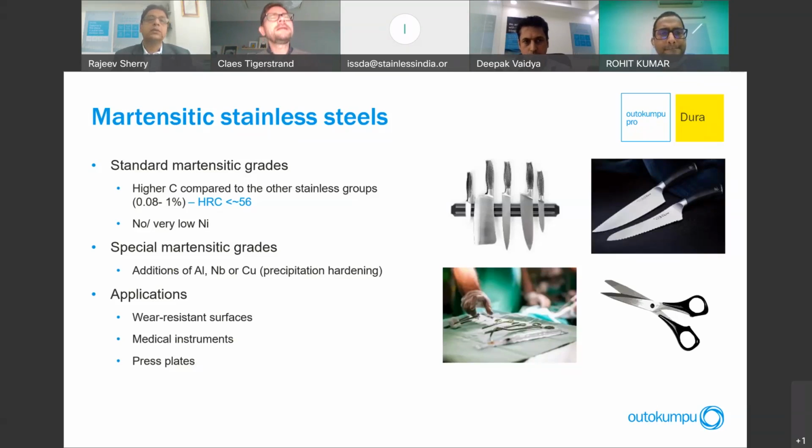Yeah, if the surface quality is of highest importance, the best grade is the standard austenitic grade, where you also have very good weldability. Depending on the corrosion resistance you need, if it is an outdoor environment, it depends on how close to the sea and so on.